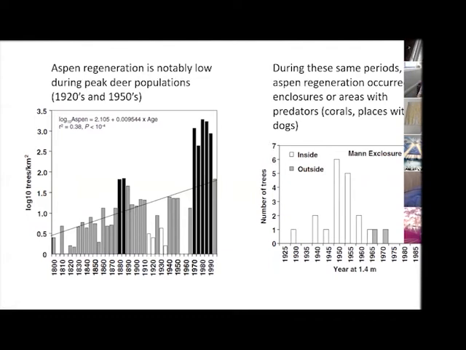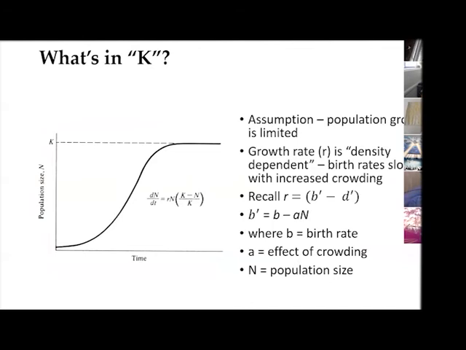In places where browsing was excluded, in the enclosures and around these stations where there were dogs kept, around in these corrals and in these areas with predators and dogs, the aspen still regenerated because the deer weren't going.